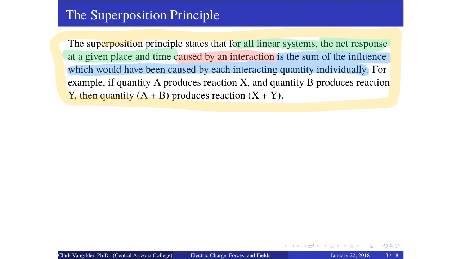I'm making it a point because the superposition word will come up. The shorter story is add up all the dang forces or add up all the dang field values and get a net result. That's the simpler, more straightforward way to put it.